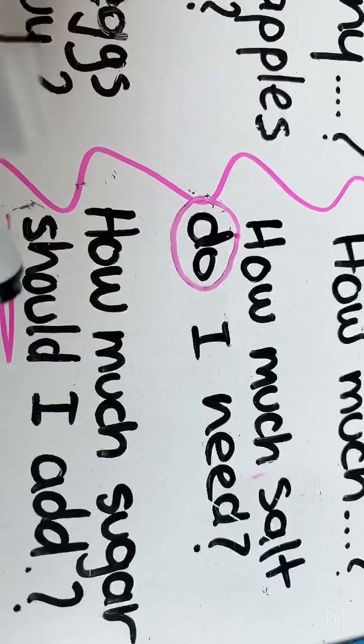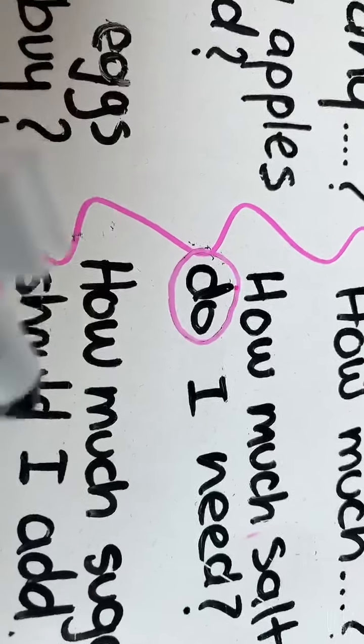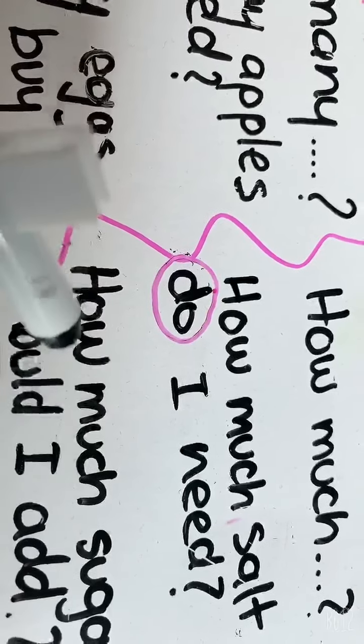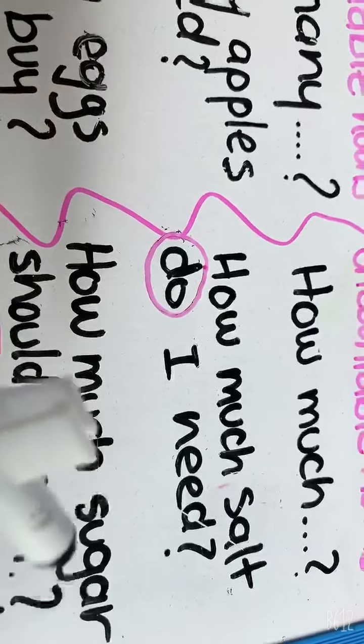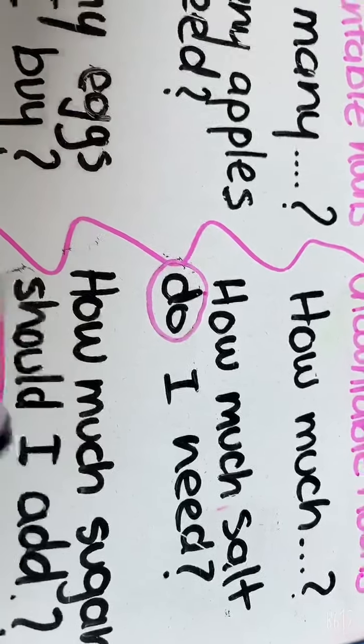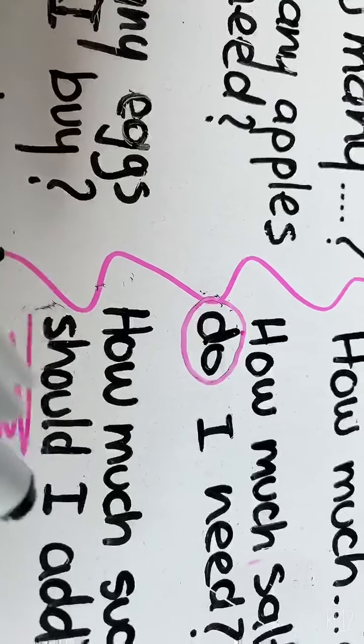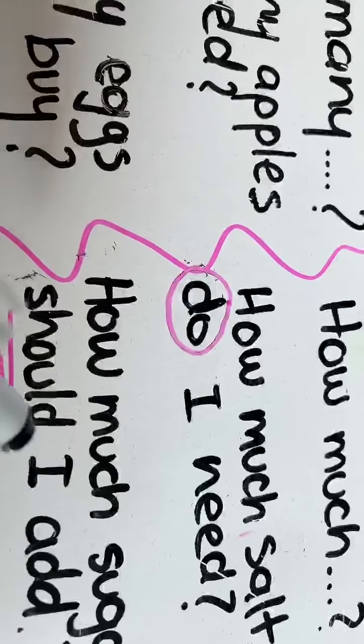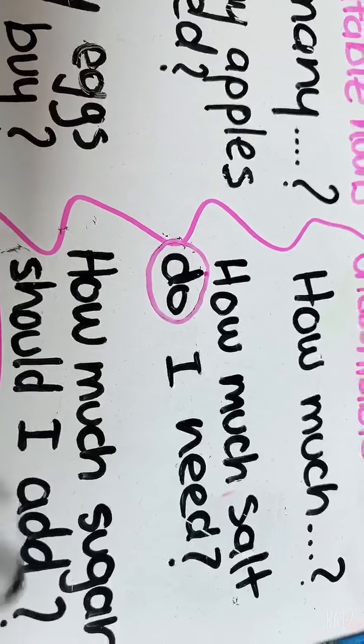How much sugar should I add? So we have the question, how much, we have the object, sugar, we have the auxiliary, should, a subject, I, and a verb, add.